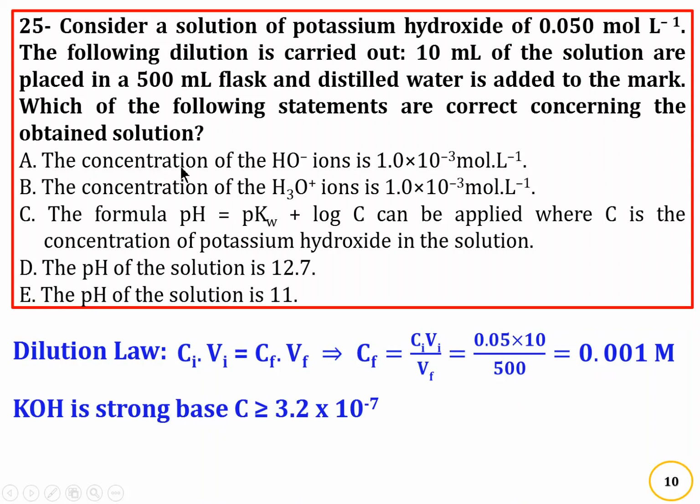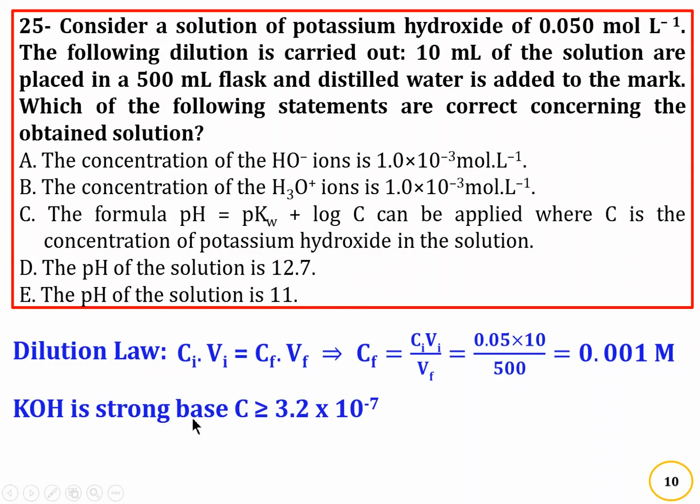So A, the concentration of OH minus is 10^-3 mole per liter. A is correct. B, the concentration of H3O+ is 10^-3 mole per liter. This is false, since the OH- concentration times the H3O+ concentration equals Kw. C, the formula pH equals pKw plus log C can be applied, where C is the concentration of potassium hydroxide in solution.